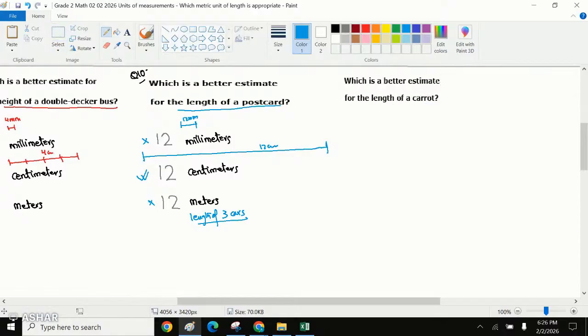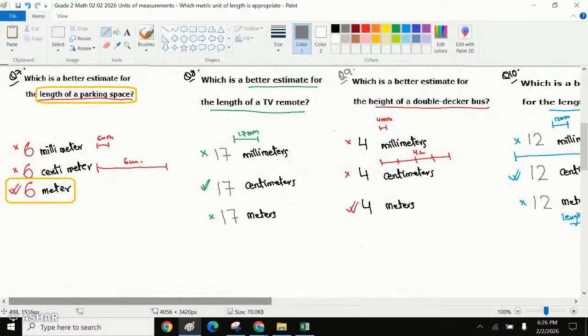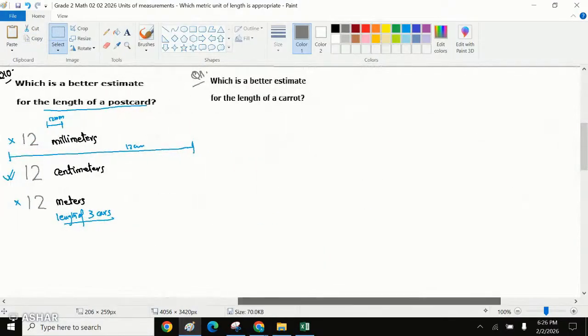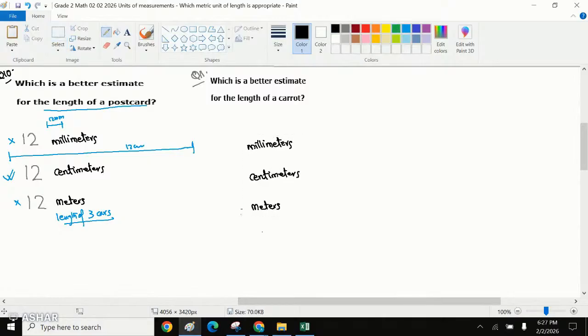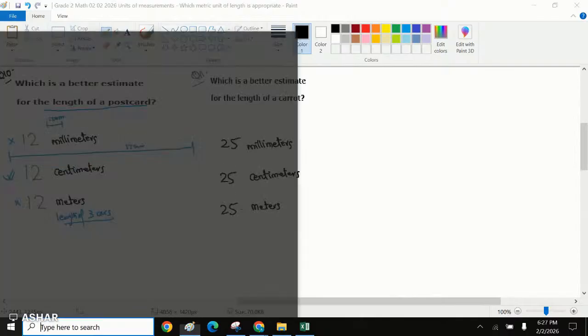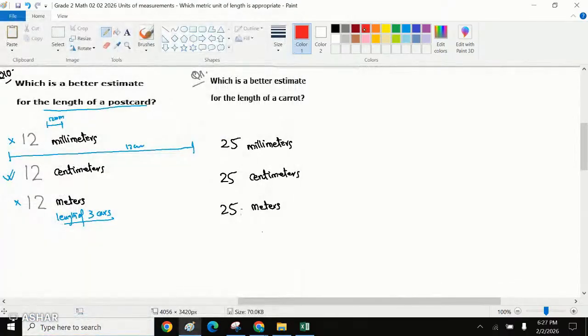If we say this is our question number 11, and the options we have are, let me just copy these, 25 millimeters, 25 centimeters, or 25 meters, what would be a better measure for the length of a carrot?